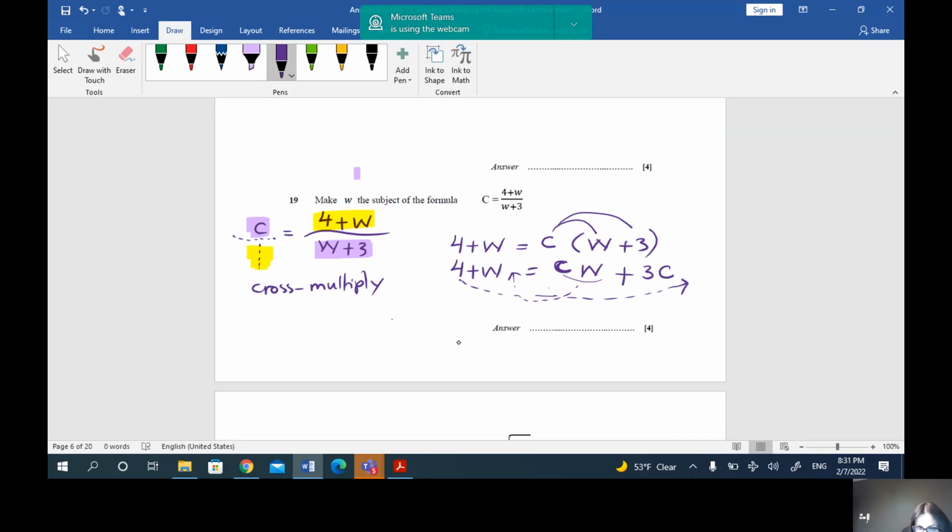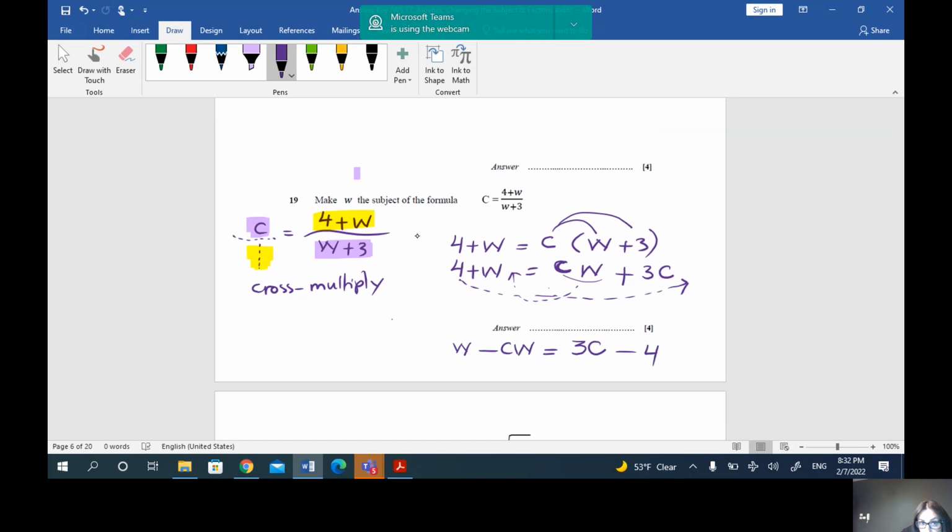W. So W is originally there. So we're going to say W, and we're bringing to this side CW, so it will be minus CW because we're sending it to the other side of the equals. What is left here? 3C. And 3C is originally there. We are bringing to that side the 4, so it will be minus 4.